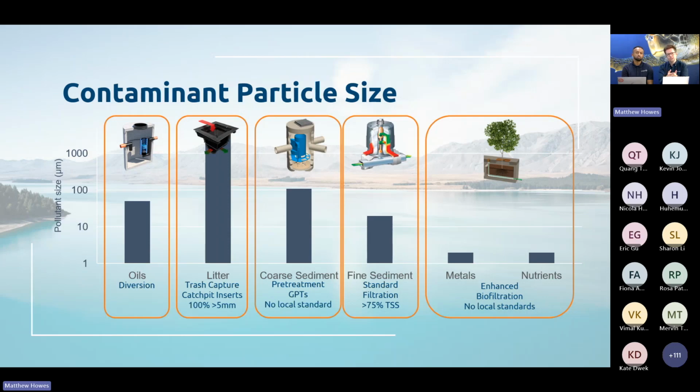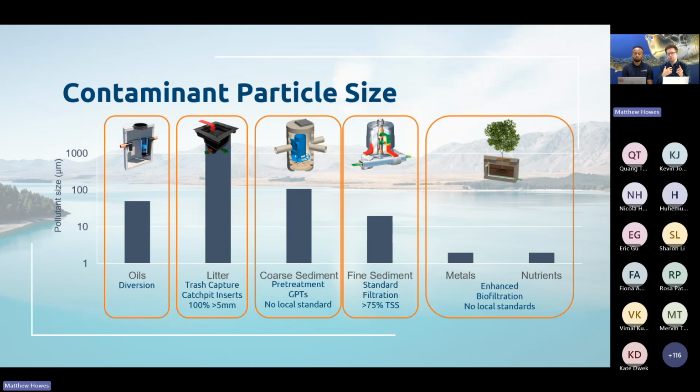So we'll look at coarse sediment, which we remove using a hydrodynamic separator or a GPT, and we'll look at fine sediment, and we'll focus primarily on the storm filter and the jellyfish. This allows us to think about stormwater treatment using a hydrodynamic separator that swirls the water around to remove the sediment, a cartridge media filtration device like the storm filter that passes the water through a media, and then a membrane filtration device like the jellyfish that passes the water through a membrane.